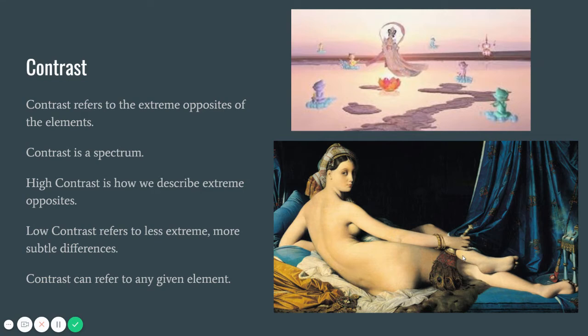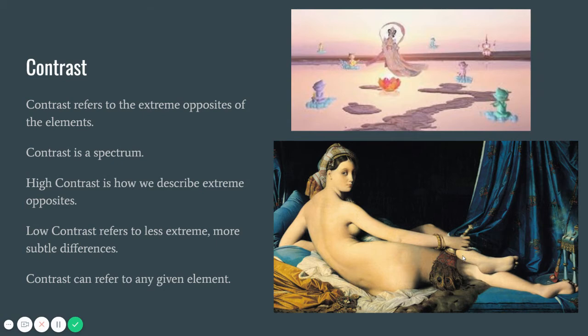And contrast can refer to any given element. So contrast can refer to color. You can have color contrast. Remember I said to you, the most contrasting colors are complementary colors. So if you have a painting that is a complementary color scheme, you also have a high contrast painting, okay? Contrast can also be your use of shapes.